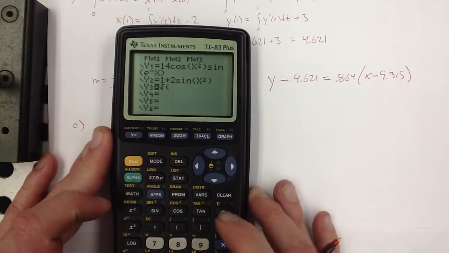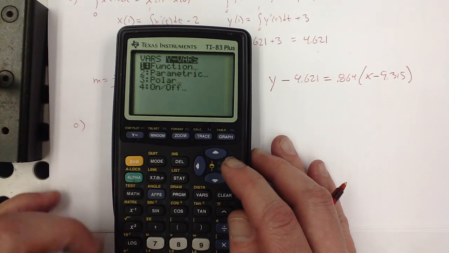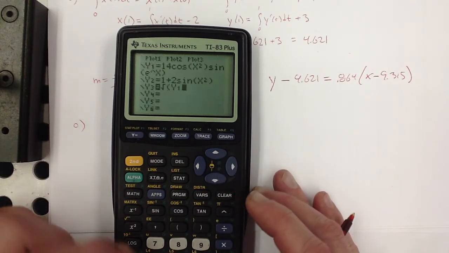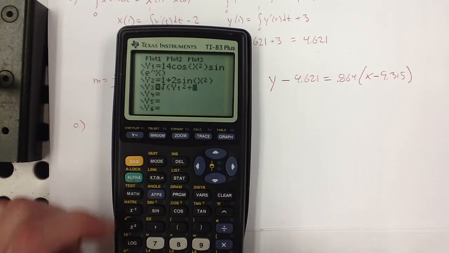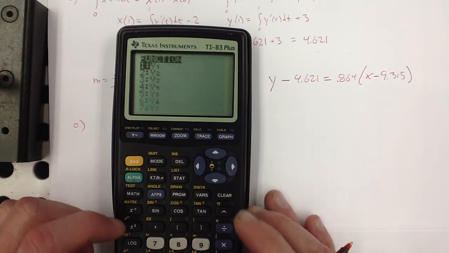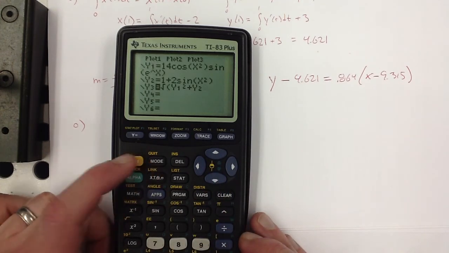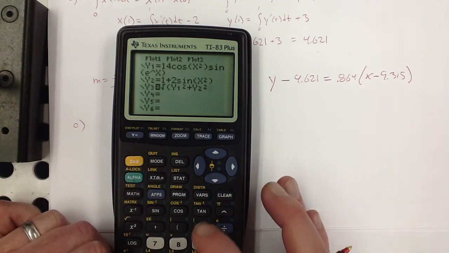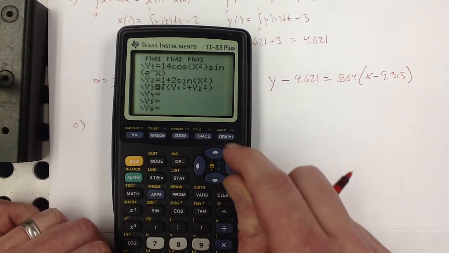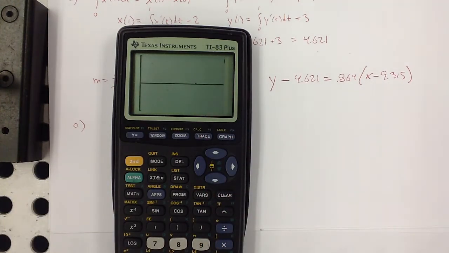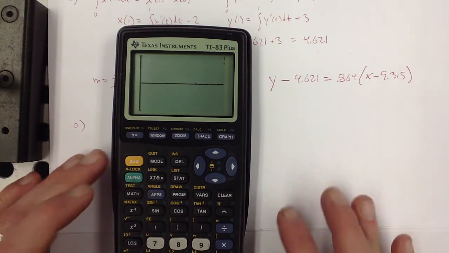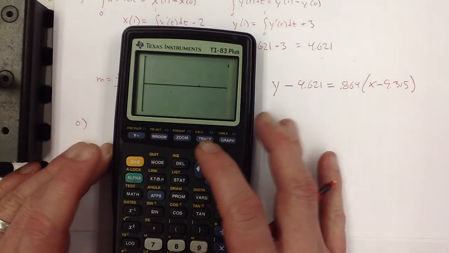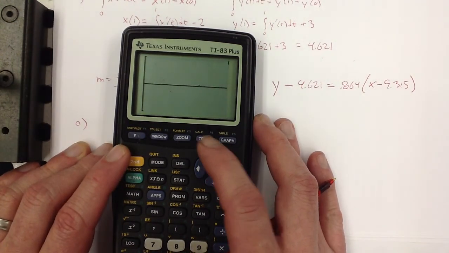I can do the square root of y1 squared plus y2 squared. There's my speed function. So I can graph that and then plug in 1.